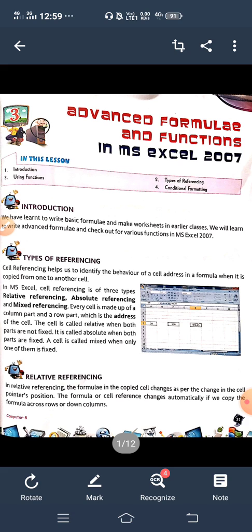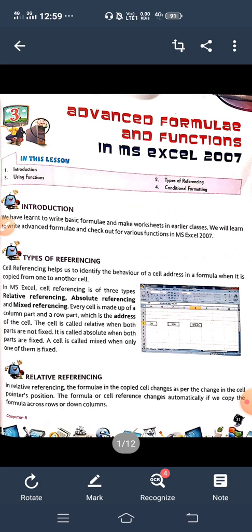with cell referencing. Now, what is cell referencing? Cell referencing helps us to identify the behavior of a cell address in a formula when it is copied from one cell to another cell.